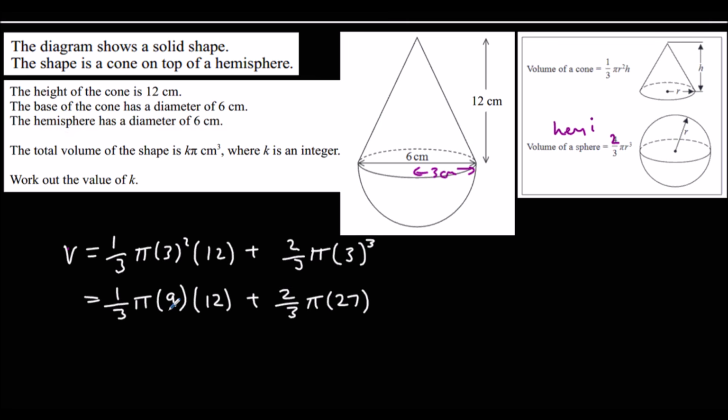A third of 9 is 3. 3 12s are 36. So we've got 36 pi, and 1/3 of 27 is 9, so 2/3 must be 18. So 36 and 18 make 54. So k is 54.